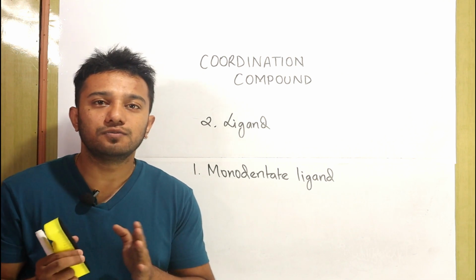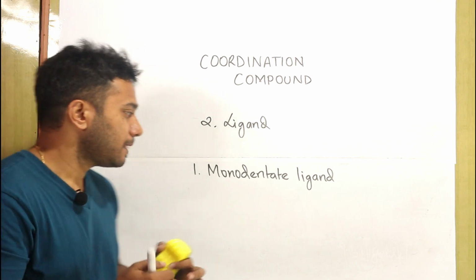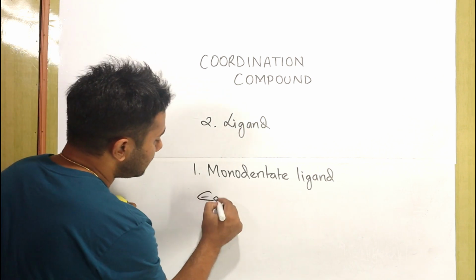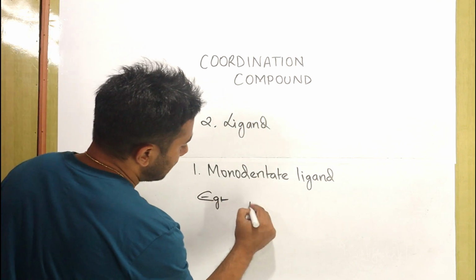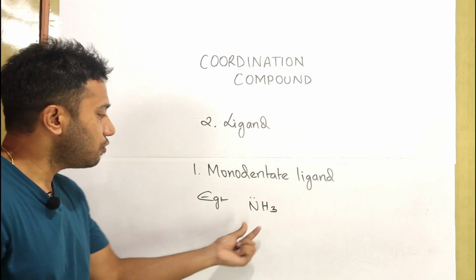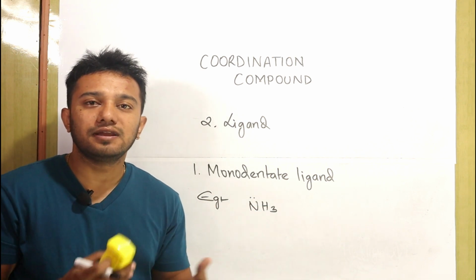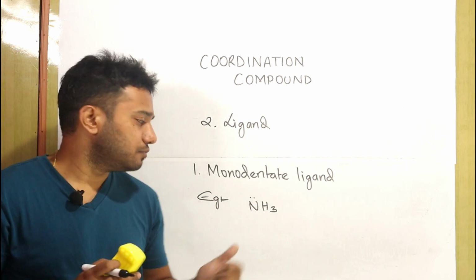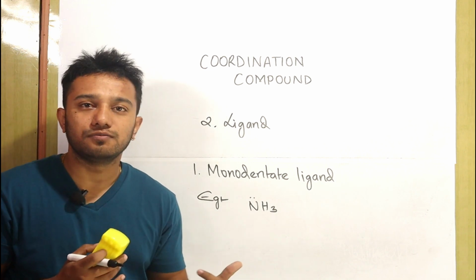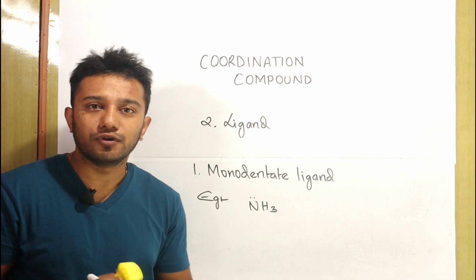An example of a monodentate ligand can be NH3. Out here nitrogen has a lone pair. This lone pair is going to be donated to the metal ion and then it is going to make a coordination bond. So this is one example of a monodentate ligand.